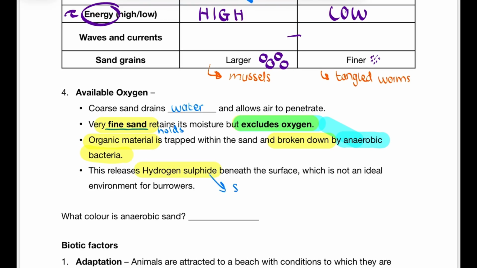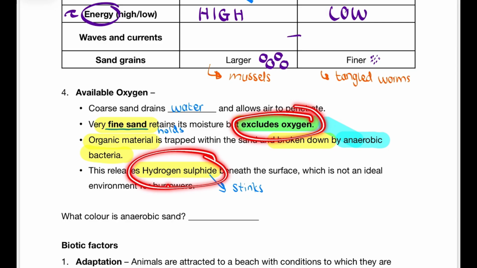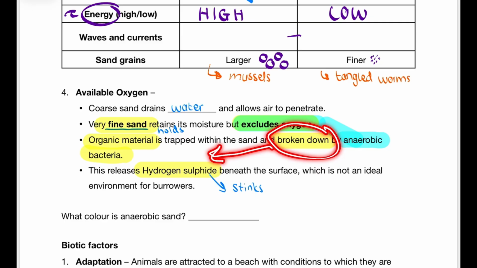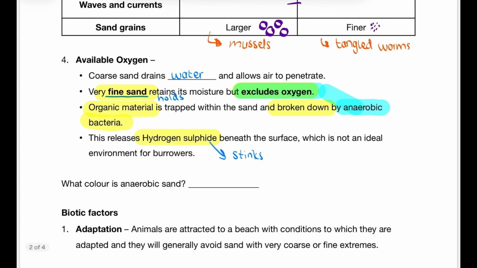Hydrogen sulfide also stinks, so when you're on the beach and you have some stinky sand, then you'll know, okay, this sand has no oxygen in it, and it has hydrogen sulfide in it. Why does it have no oxygen and hydrogen sulfide? Because it's very, very fine sand, and all the organic material in that fine sand has been broken down to release the hydrogen sulfide.